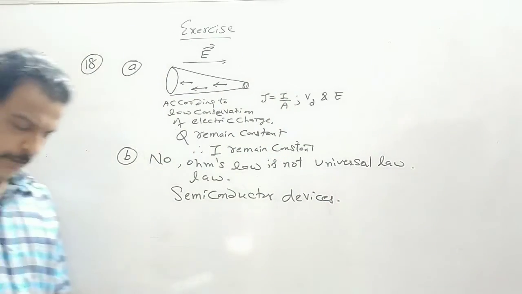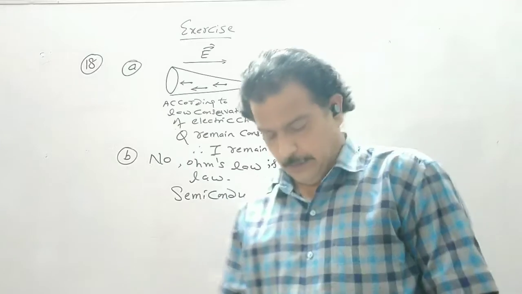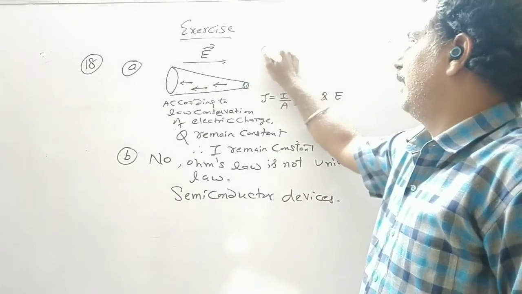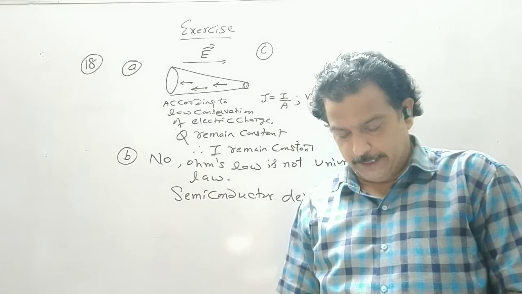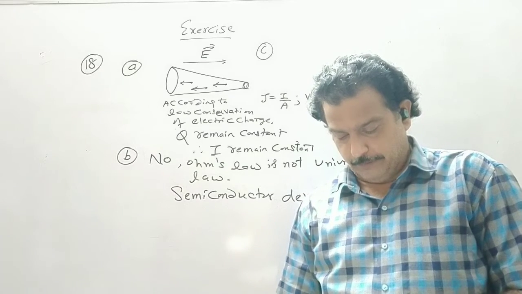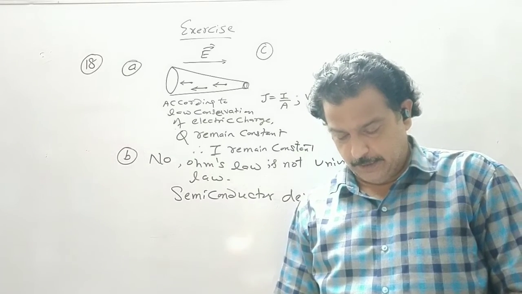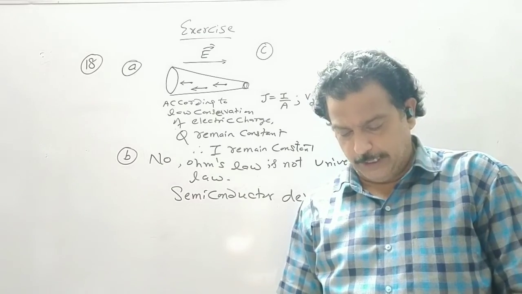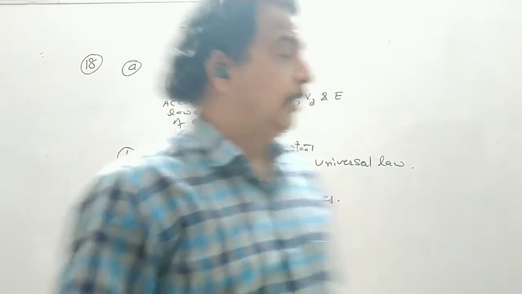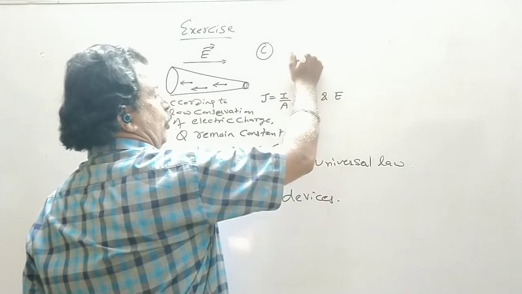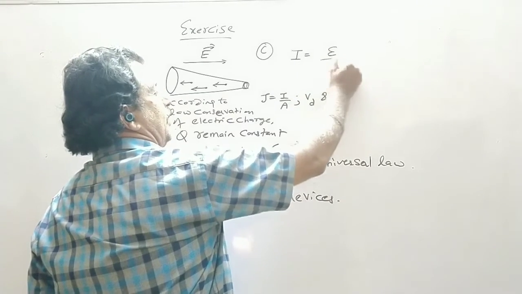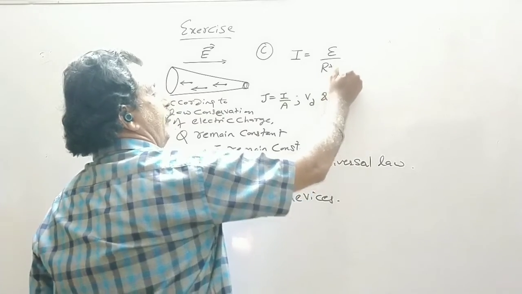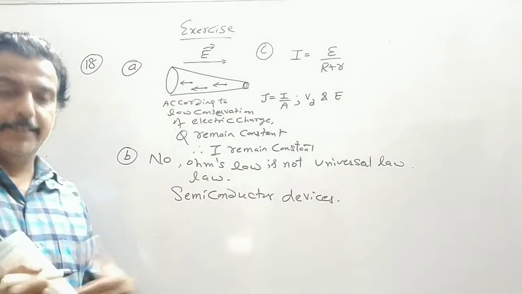Then the third part. It is given that a low voltage supply from which one needs high current must have a very low internal resistance. Why? Let us write the formula for current. Current in the circuit is given by total EMF divided by total resistance.